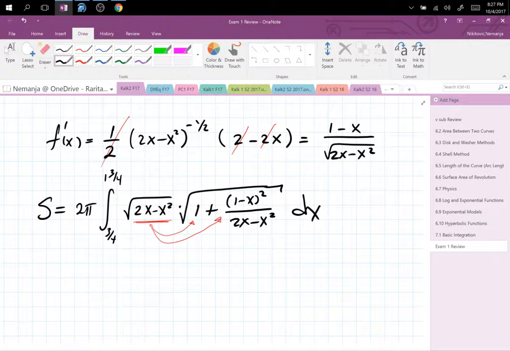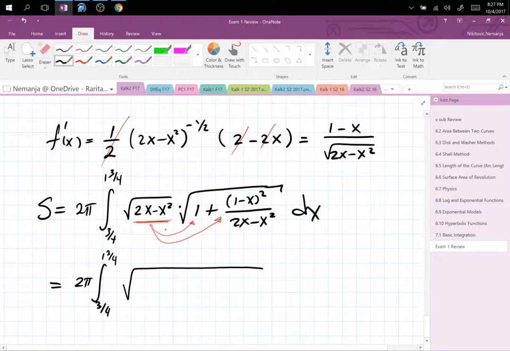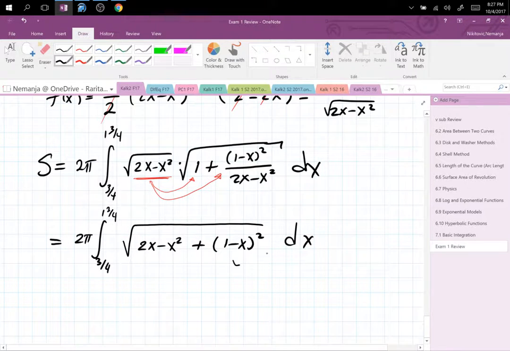So we have 2 pi integral 3/4 to 1 3/4, one large square root now, 2x minus x squared when we multiply by 1, and then plus 1 minus x everything squared, because these guys canceled. The only thing we can do is expand this one, combine like terms, and hope for the best.